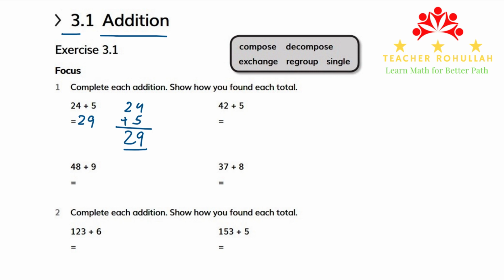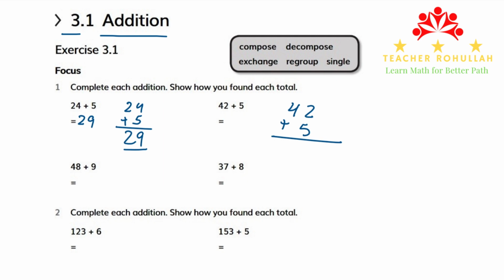In the second question, we have 42 plus 5. Again, we can use column addition in which we write the numbers and align them. 5 should be under the ones place, or we can count on to find the total. We have 42.